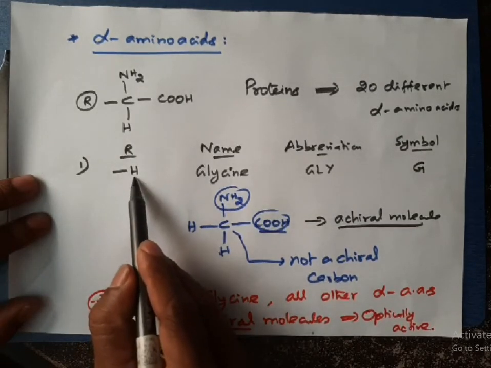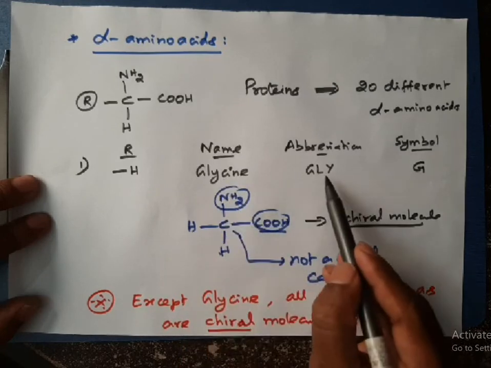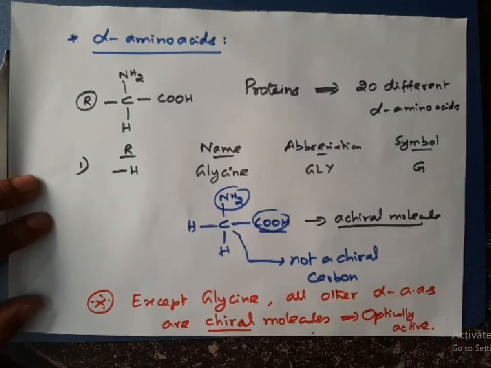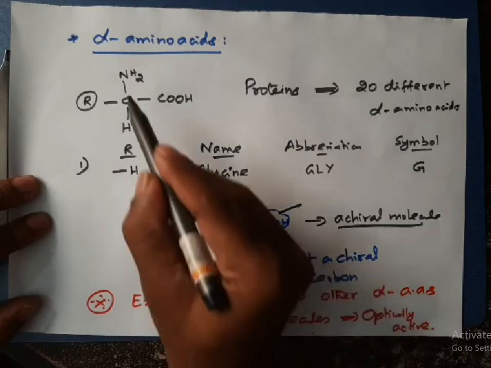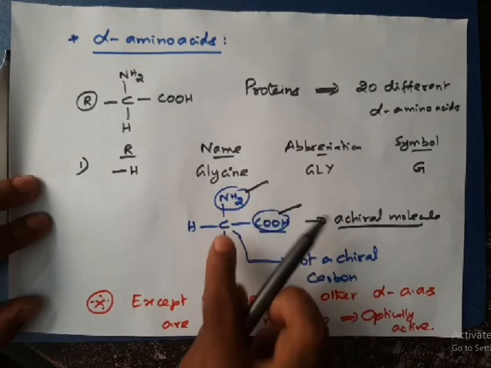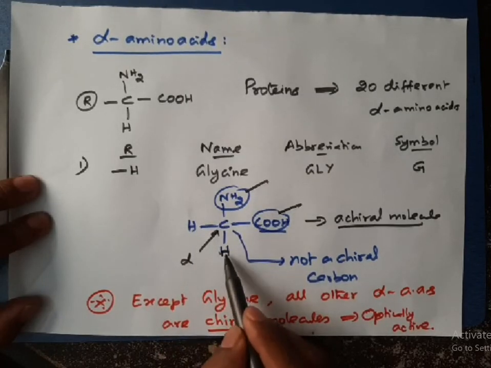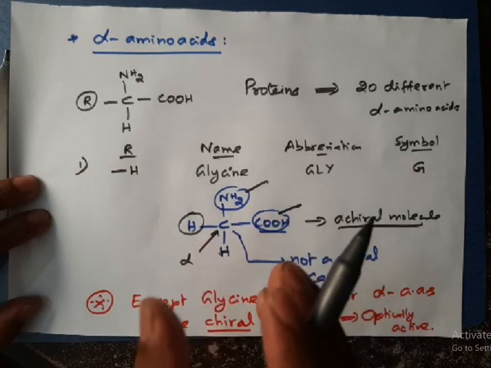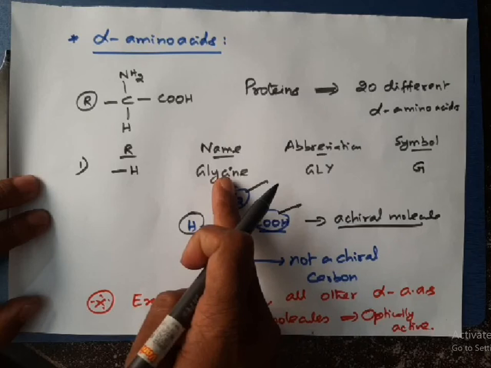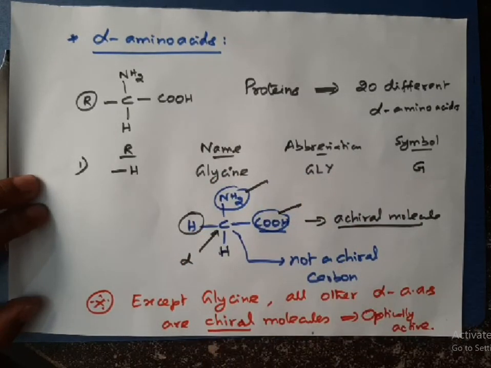If the R group attached is hydrogen, we call that amino acid glycine, the abbreviation is GLY, and the symbol is G. We have a carboxylic acid group and an amino group, both attached to the same carbon, so this is an alpha carbon, which already has one hydrogen. If the R group is also hydrogen, we get glycine.